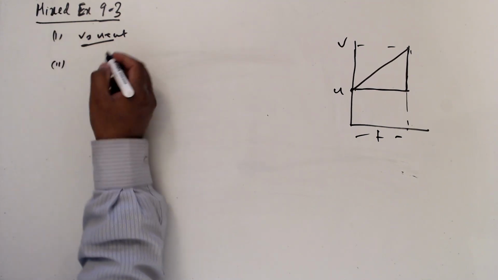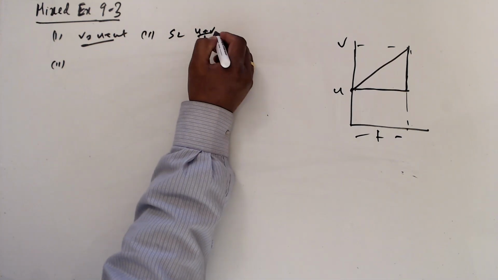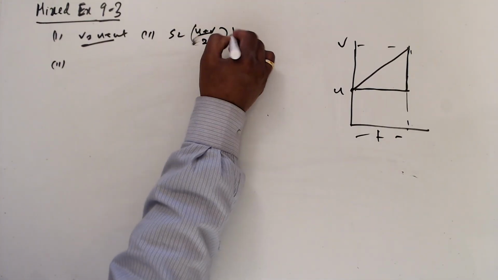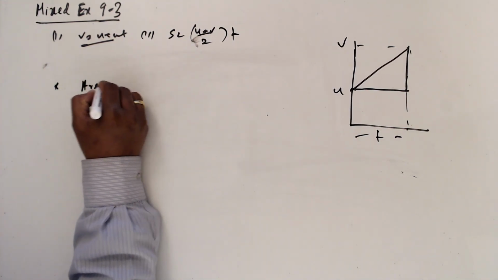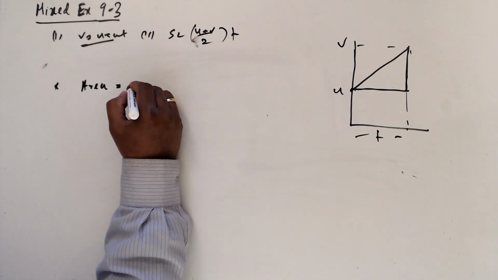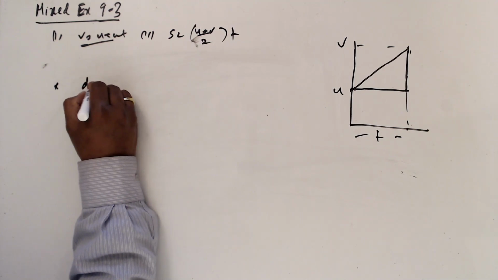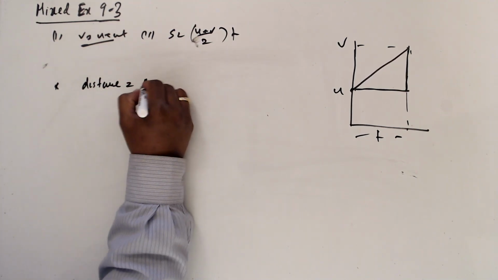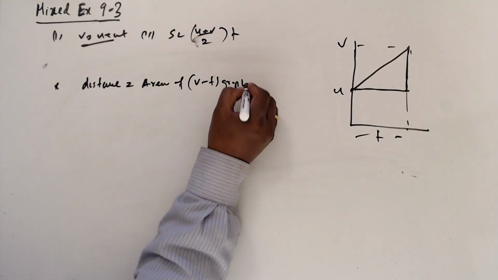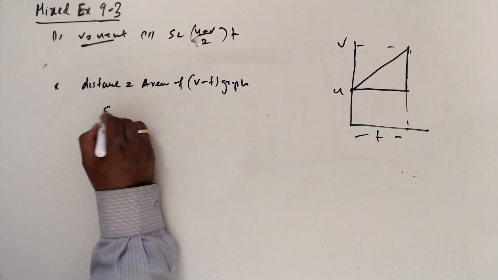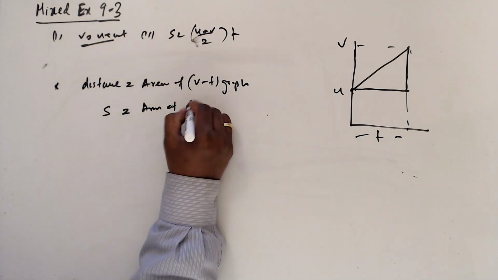The other one is S equals U plus V divided by 2 times T. Distance is the area of the velocity time graph. Distance S equals area of trapezium.